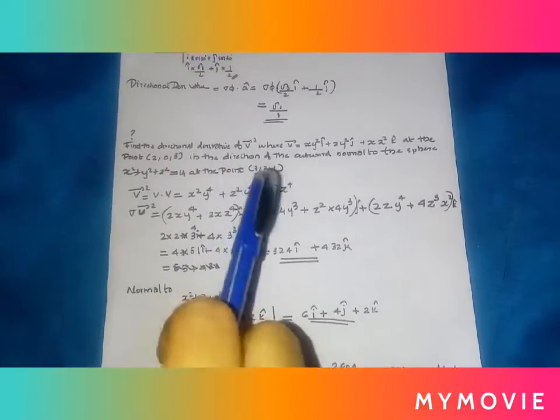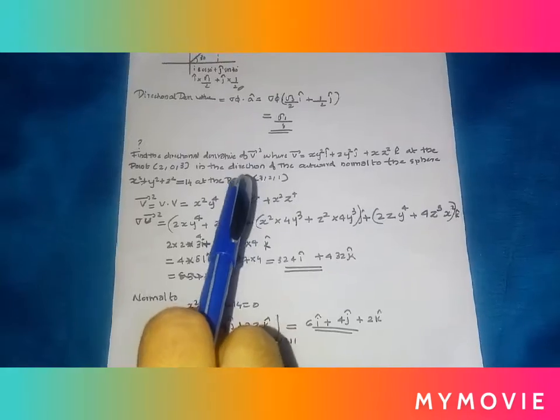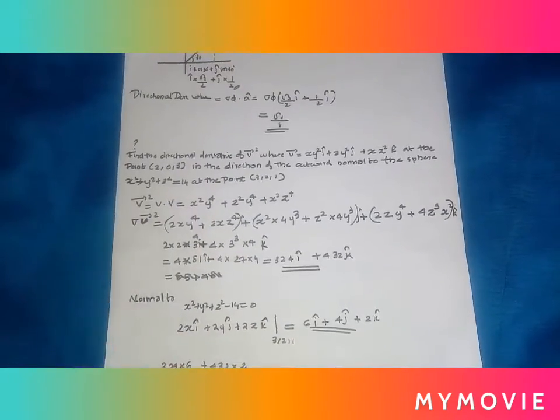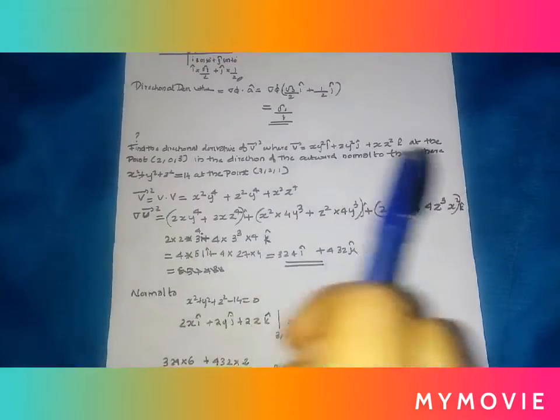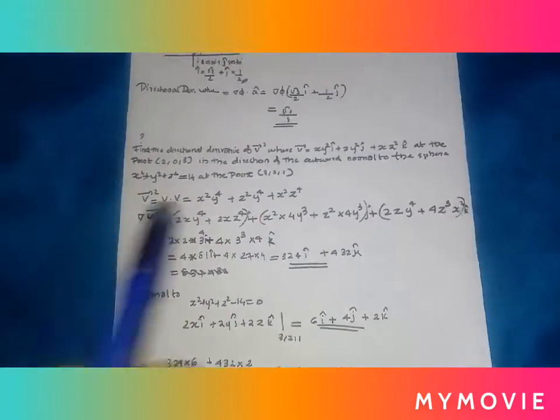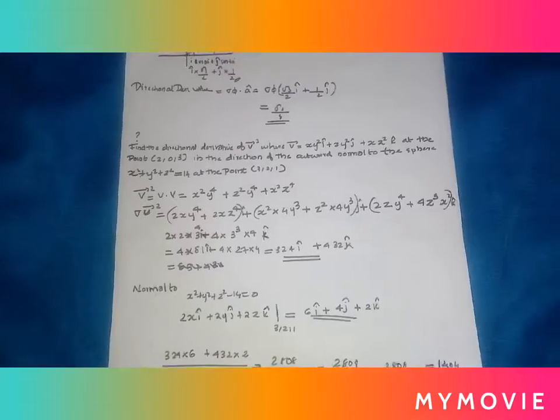And the question is in the direction of the outward normal to the sphere. So the sphere equation is given, so we have to find the normal to that.